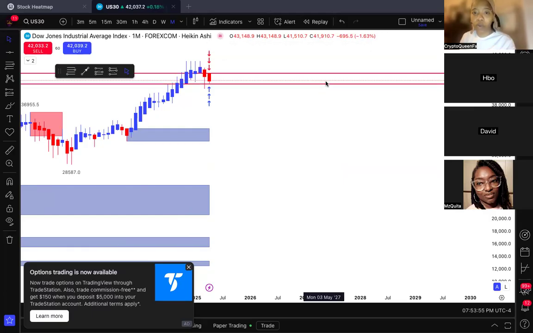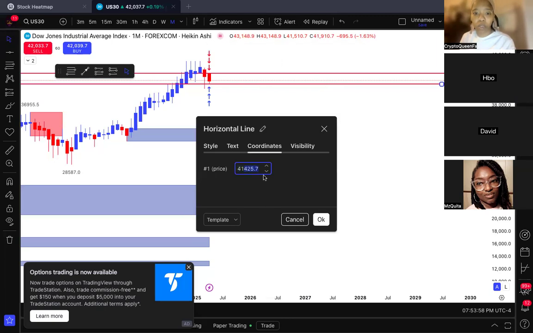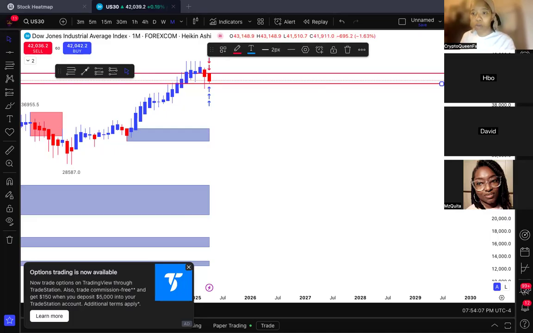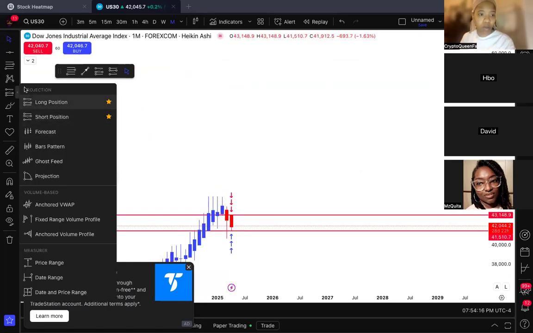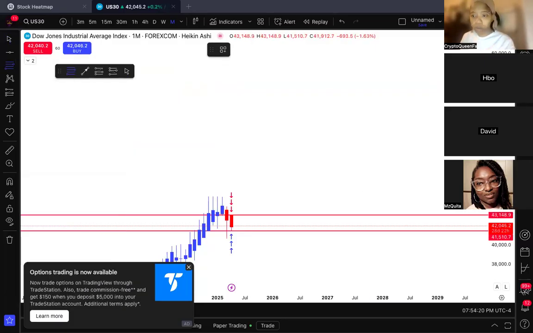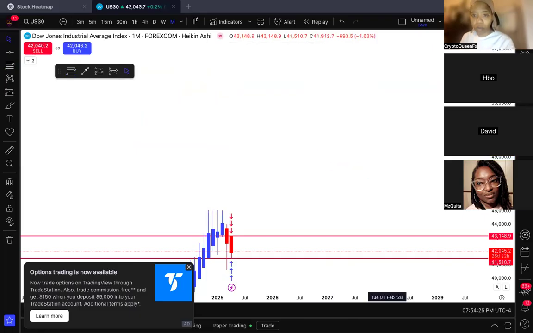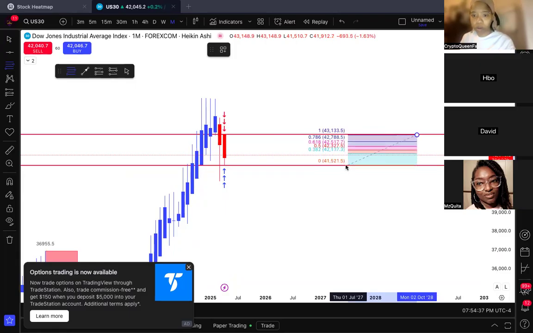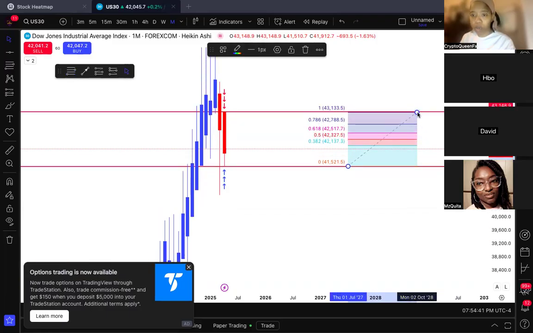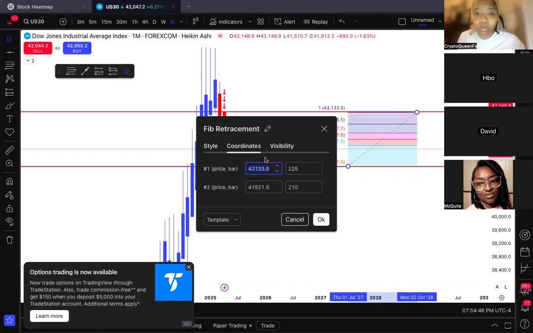Monthly low is 41,510.7. All right, so we got the high 43,148.9.